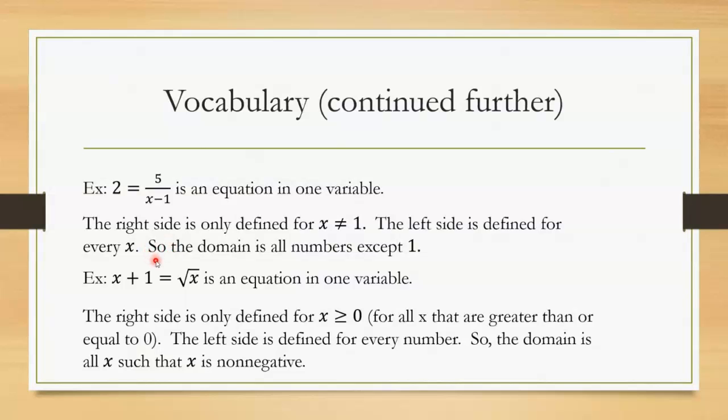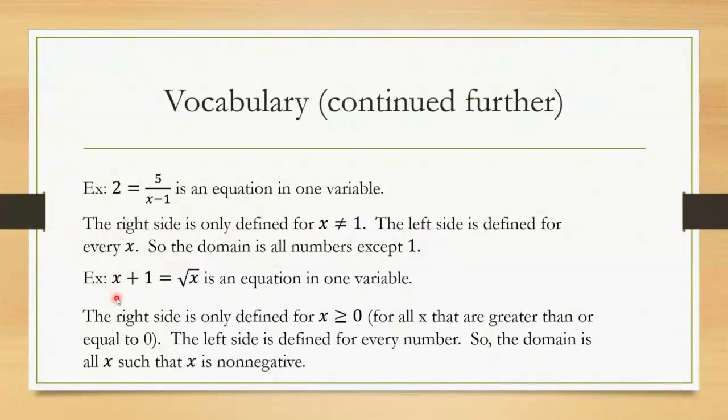All right. So for this one down here, this is an equation in one variable. It's a little bit different because you have the variable on both sides. Well, the left-hand side, as you can see, is defined for every real number. You can put any number you want in for x here, and you'll get something that makes sense. You could add 1 to any number you want.